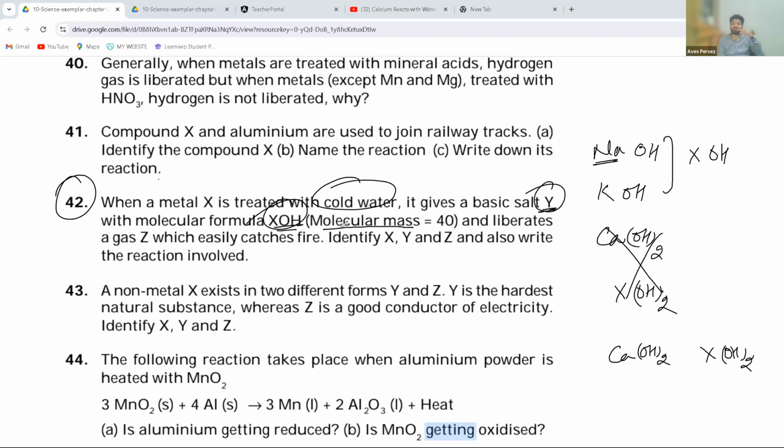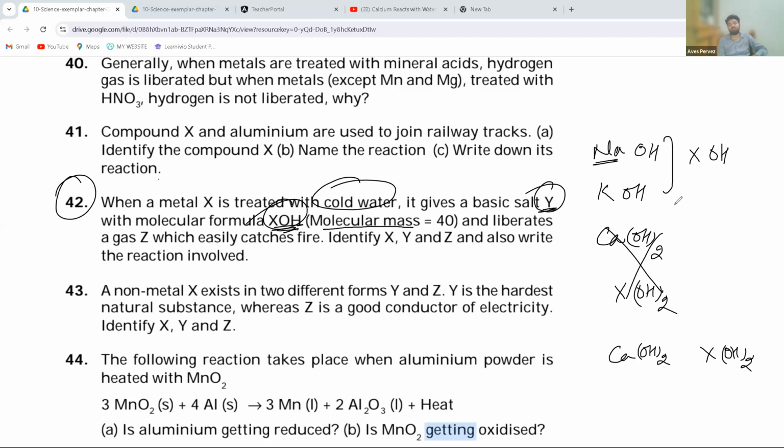If we consider calcium, it should be atomic mass, because calcium is an atom, an element. A molecule forms when different atoms combine together, like sodium hydroxide. So it is talking about molecular mass.